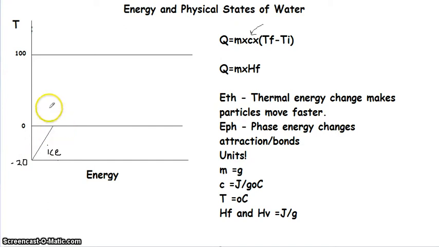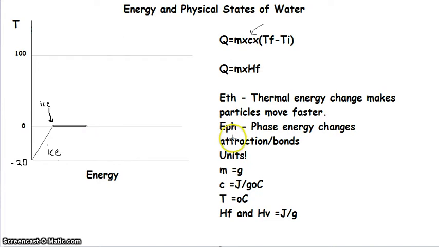Okay. Now once you get to 0 degrees Celsius, what you have there is 0 degree ice still. Any energy that you're inputting into the system is going to go to changing its phase.